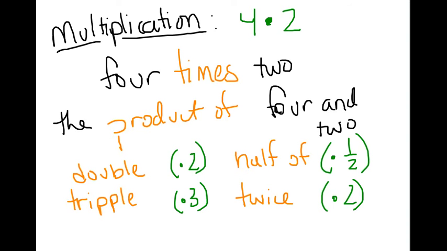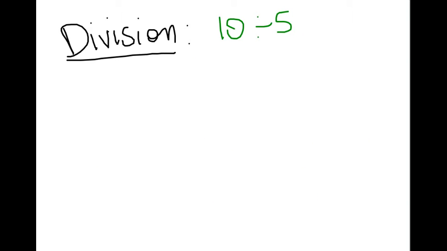So I might say double, which means to multiply it by 2. I might say triple, which means to multiply it by 3. I could say half of, which means to multiply it by 1/2. Or twice, which is to multiply it by 2. So twice a number would be 2 times that number. So those are very specific multiplications.